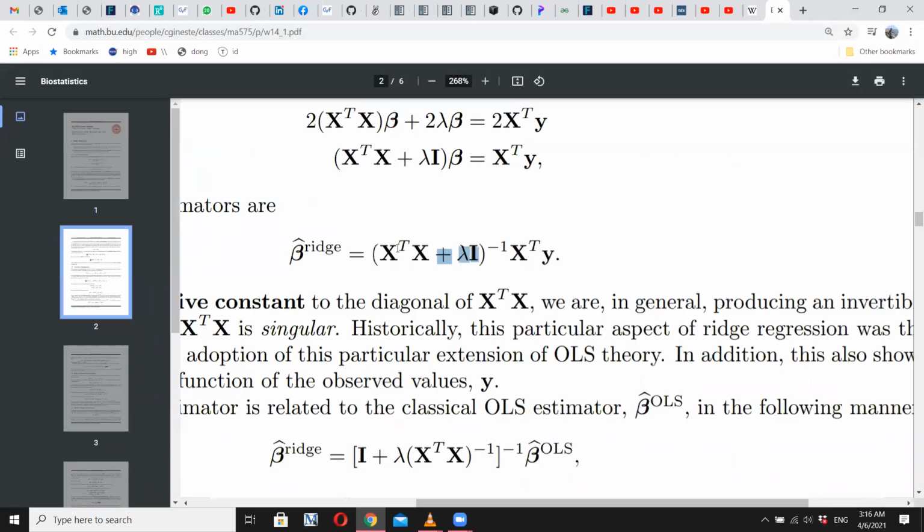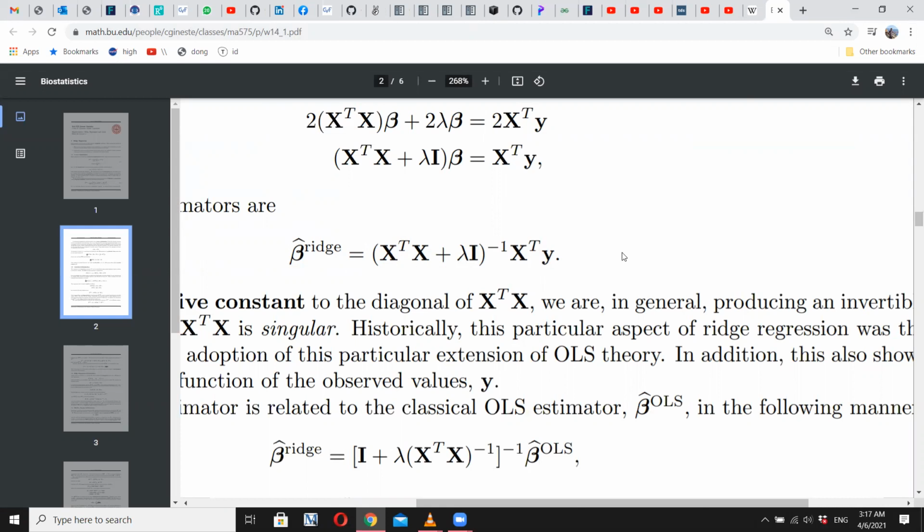If you just ignore this term, you get the closed form solution of linear regression. And if you add this term, which is lambda multiplied by the identity matrix, you get the closed form solution of ridge regression.